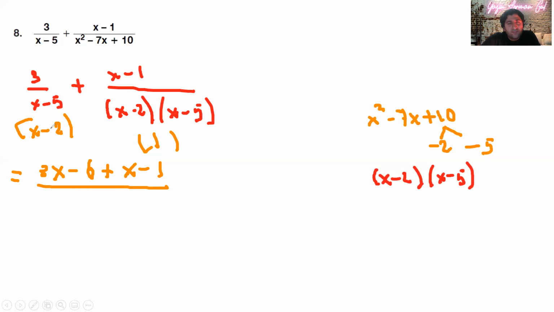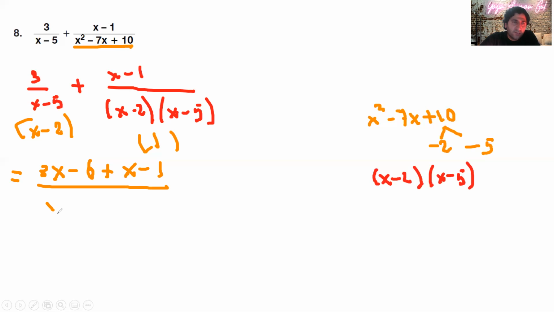Now I don't need to write the factors, I can write the trinomial, this one here. Why did I factorize here? Because here it's x minus 5, and I need to make this denominator the same as this one. How do I do that? Because I need to find the other factor. That's why I factorize this. Okay, but now I'm done with that. I'm just going to write the trinomial.